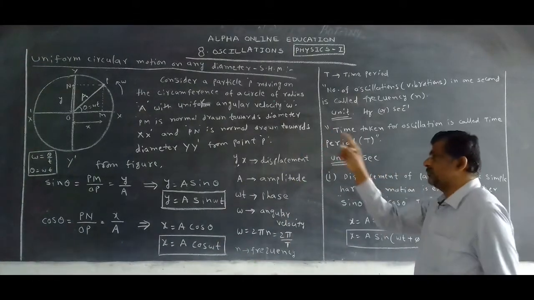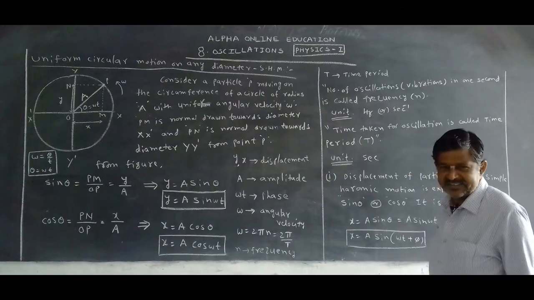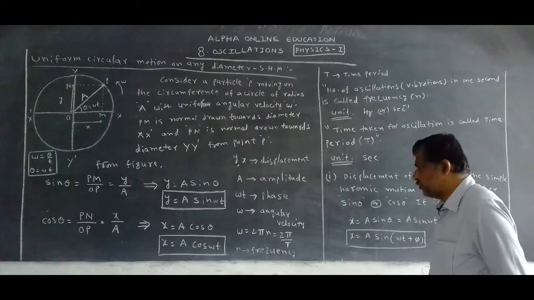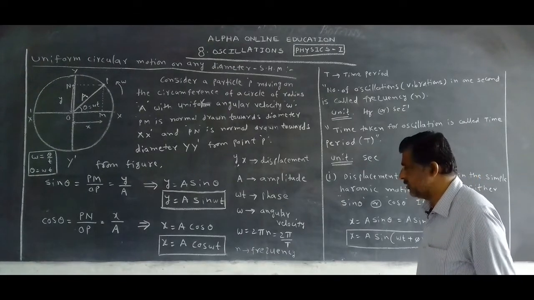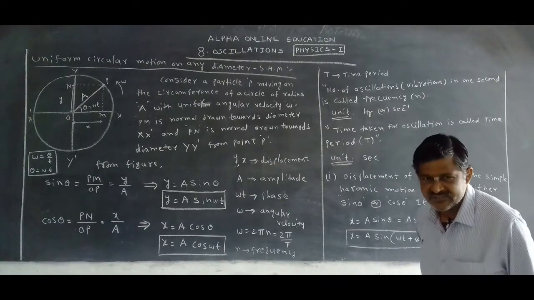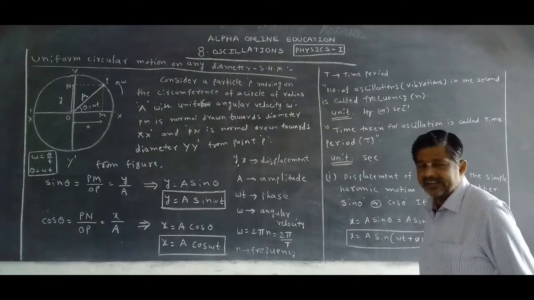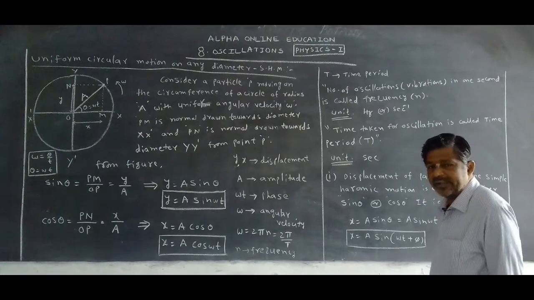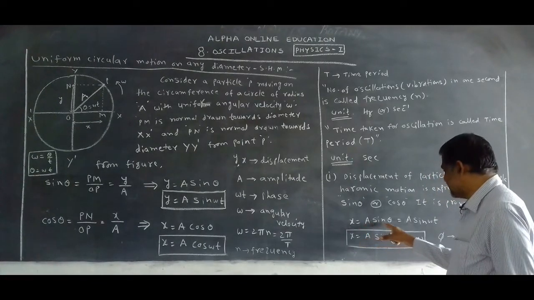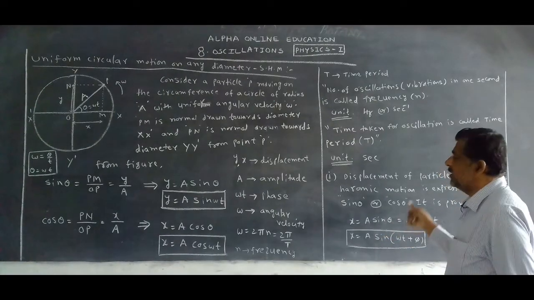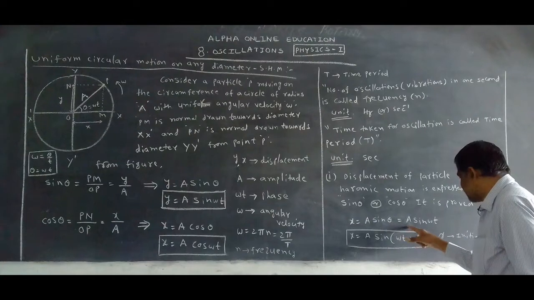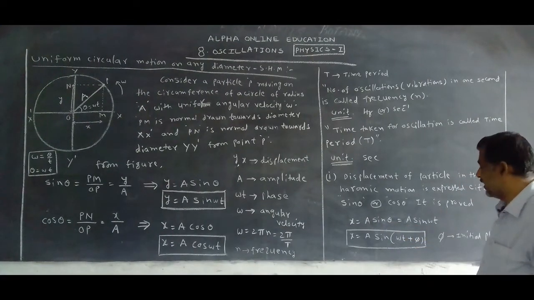It is a correct expression. From the diagram we get y is equal to a sin theta and x is equal to a cos theta. But don't worry about it. It is not compulsory to write y is equal to a sin theta and x is equal to a cos theta. Now here I have taken x is equal to a sin theta. What is theta? Omega t. That's why x is equal to a sin omega t.